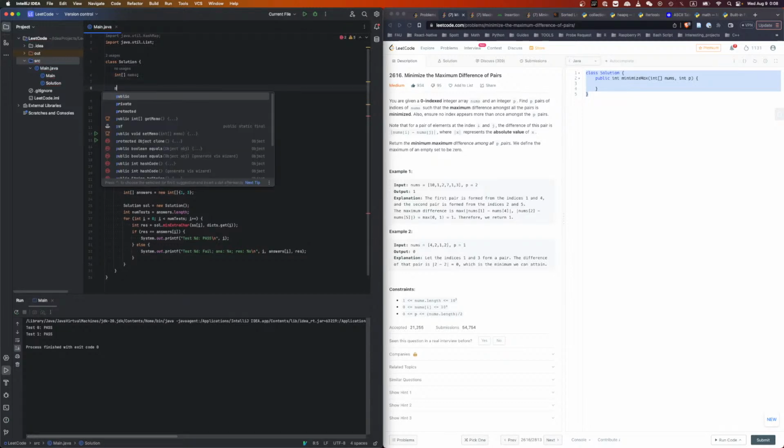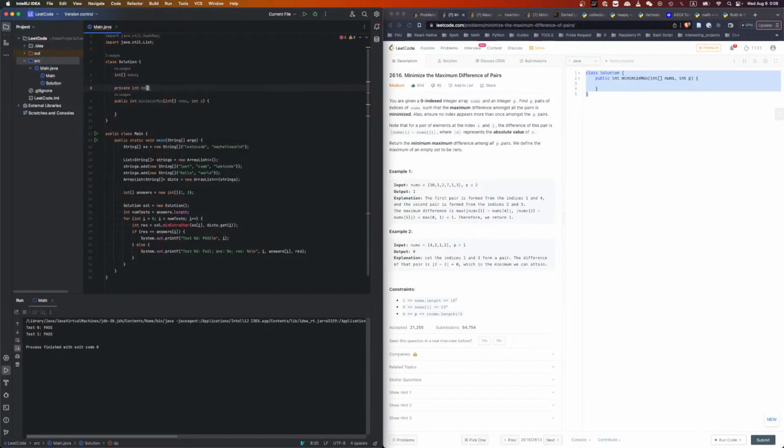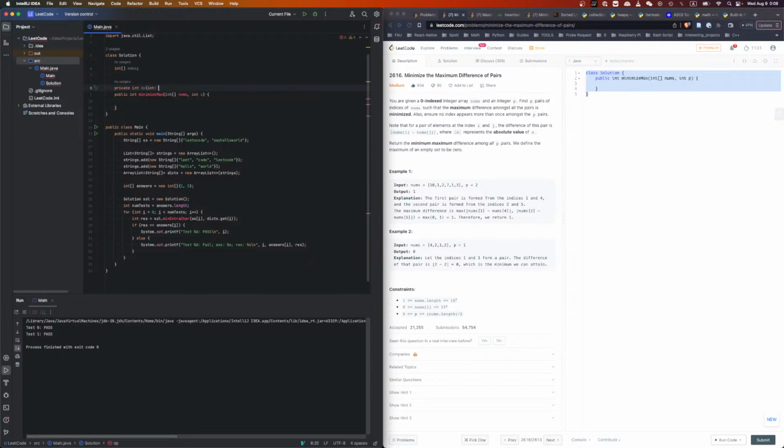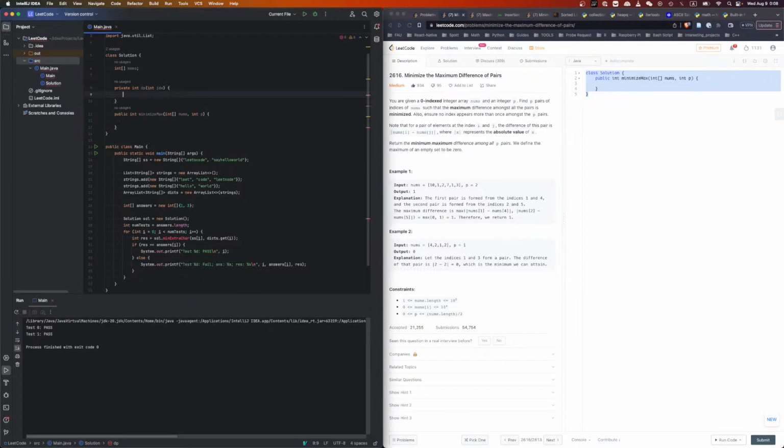Okay, and now we say private int DP index. Oh, that's Python. Index. No, just index. This will, and also I need nums. Right, int nums.